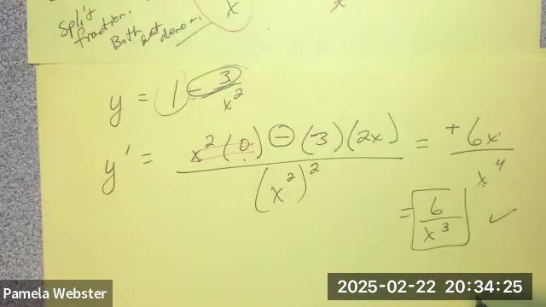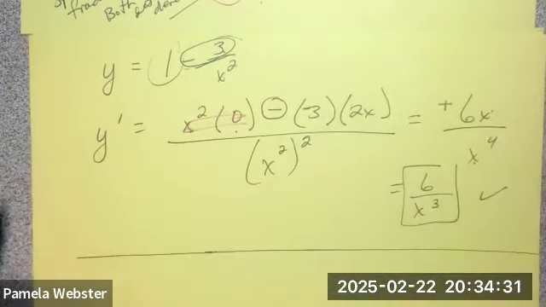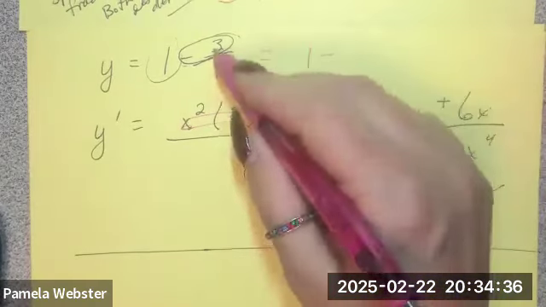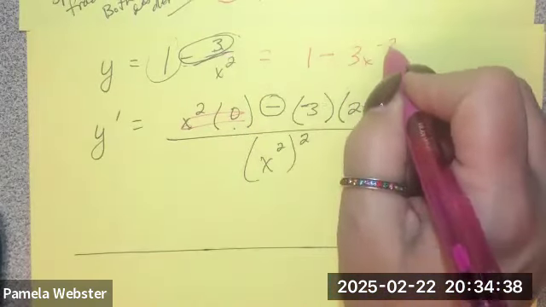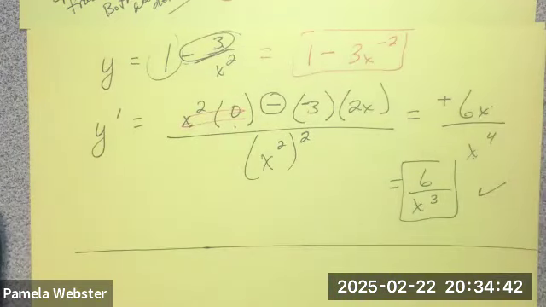So there's lots of ways to work these out. You didn't have to use quotient rule here. I almost said, let's rewrite this so that it's 1 minus 3x to the negative 2. And then you could just take that like a power function, straight shortcut.